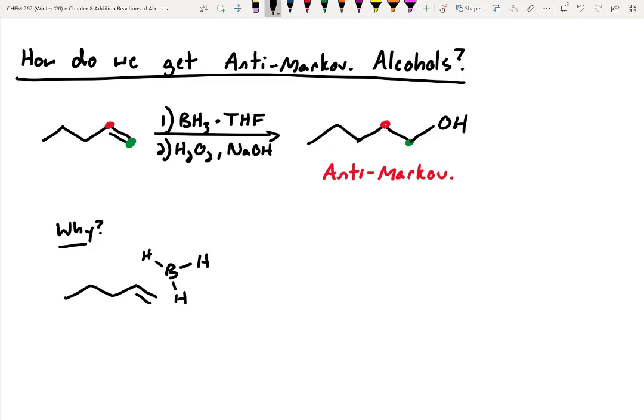Borane will get really, really close to that pi bond. And when this happens, the pi bond is going to attack the boron, like that, and coordinate with the empty p orbital. And then at the same time, the entire hydrogen group is going to shift over to the less substituted side.